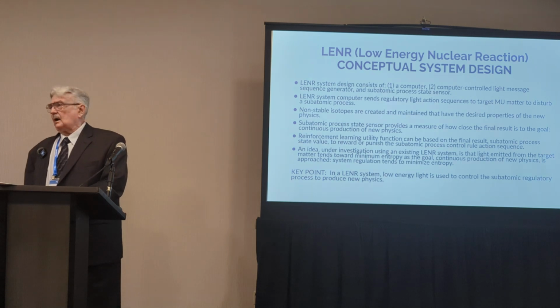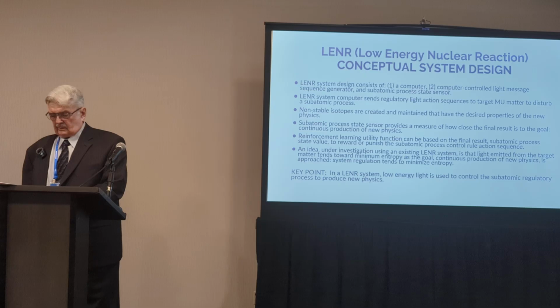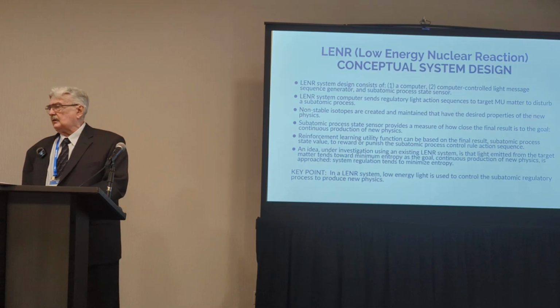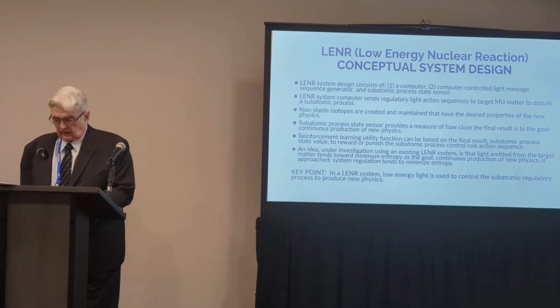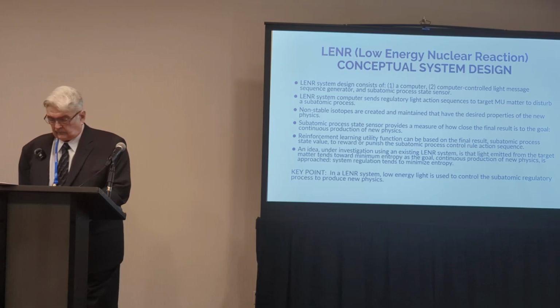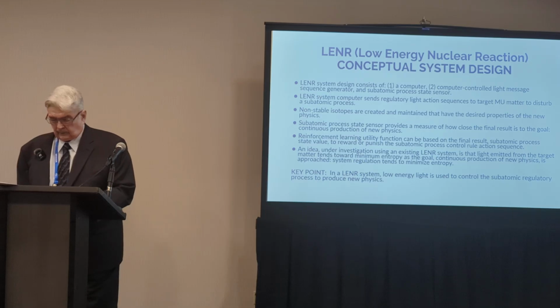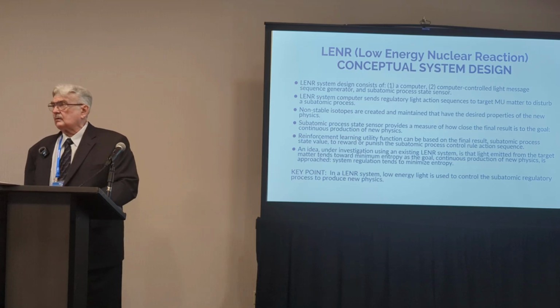And people are doing that now. They're getting all kinds of new physics. They just don't know how to control it. And we're going to use reinforcement learning to learn the sequence of rules that will result in the control and construction of the new physics. Okay, key point: LENR system's low energy light is used to control subatomic regulatory process to produce new physics.